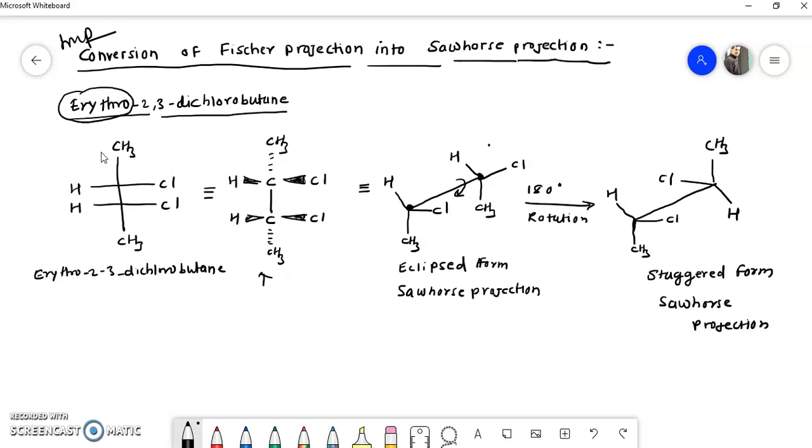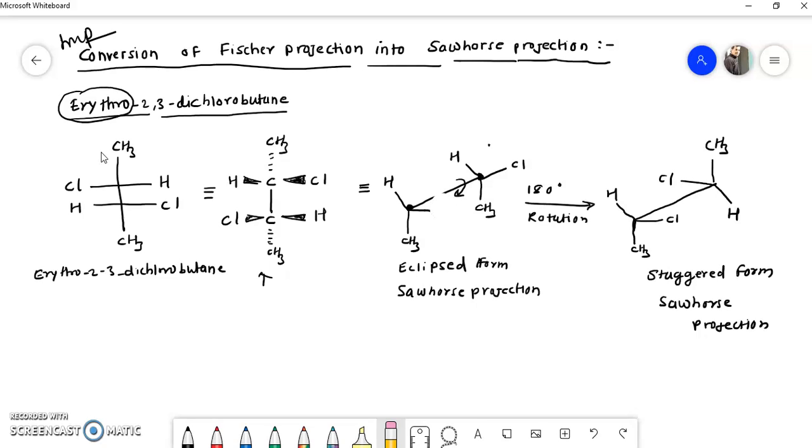Suppose this chlorine atom, if we consider these chlorine atoms on opposite sides, we can write like this, and this hydrogen we can write like this. So now what will happen? The stereochemistry will be changed. See, this chlorine will be here, and here will be the hydrogen. Here also you have to change the stereochemistry.